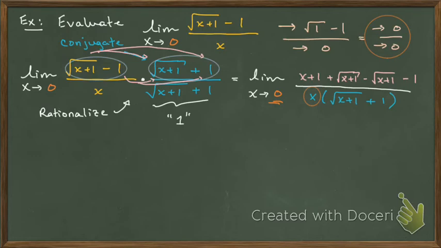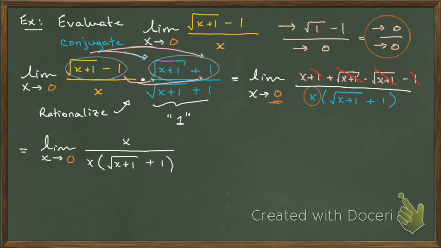So I see in the numerator, a bunch of stuff is going to go away. Plus 1, minus 1 disappear, and those radicals are equal and opposite. You're always going to get a bunch of cancellations when you multiply by a conjugate like that. All that's left in the numerator is x. Denominator, I'm going to leave how it is. And then I see where that cancellation is.